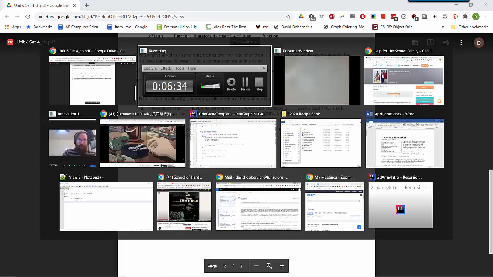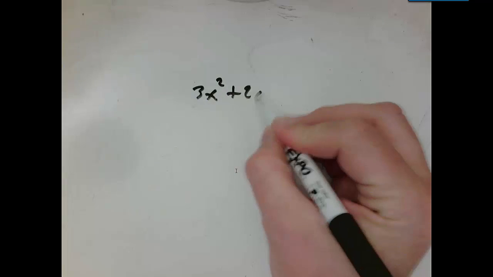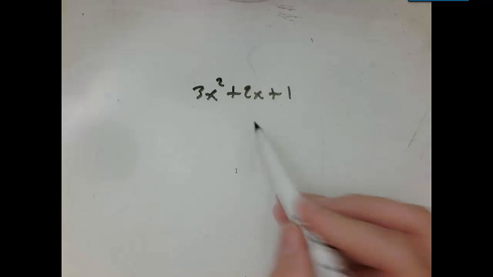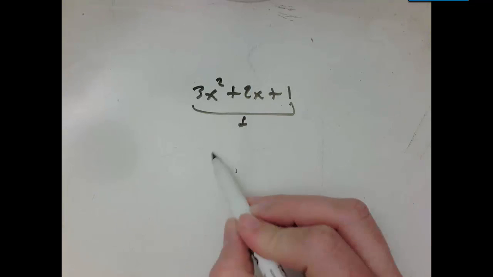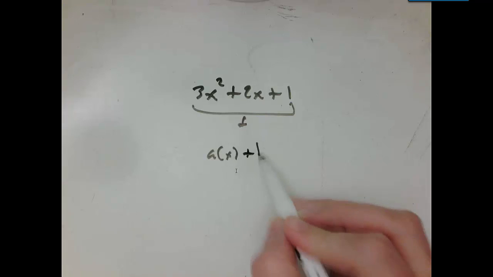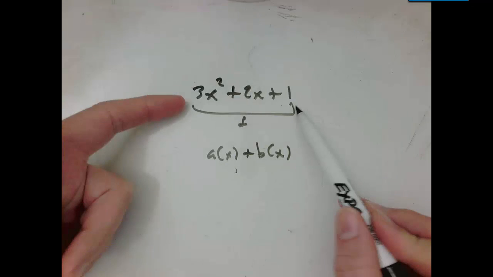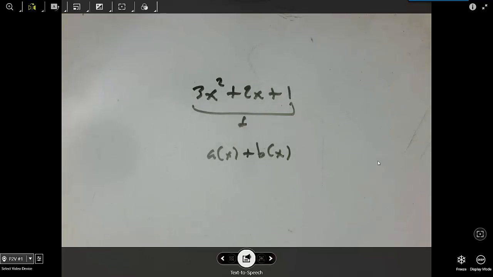So let's think of some polynomials. If I have, like, 3x squared plus 2x plus 1, for example, it's a polynomial. The question is, can I decompose this? Can I separate this into an a of x plus a b of x, so that these two are also polynomials and they add together to be that one, but one is even and one is odd?